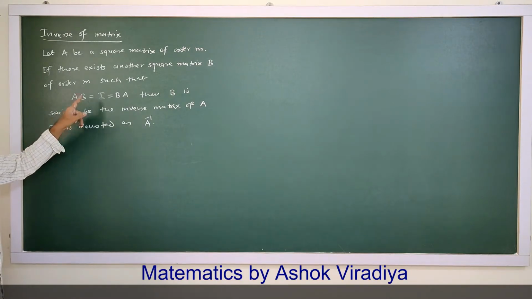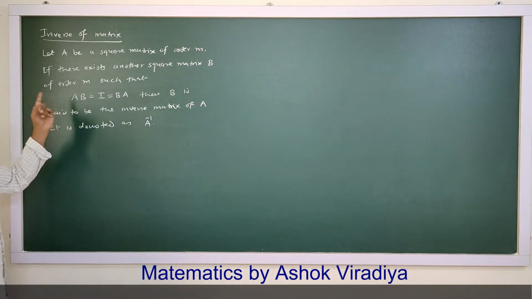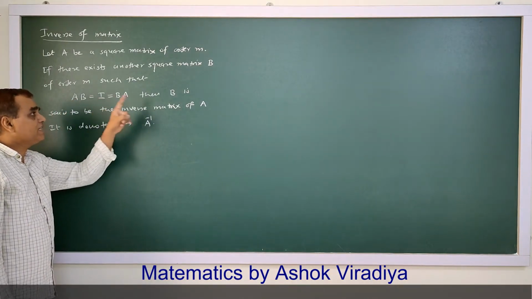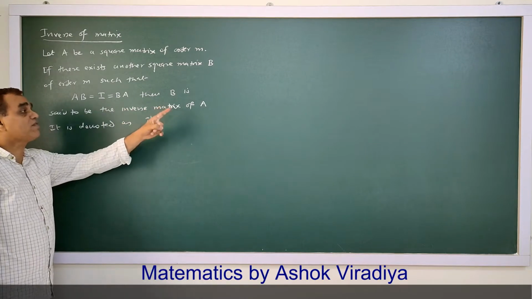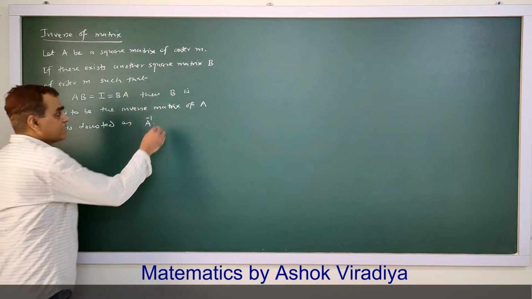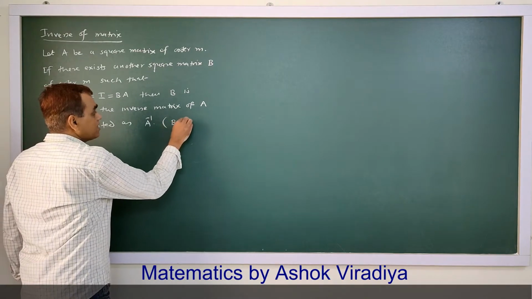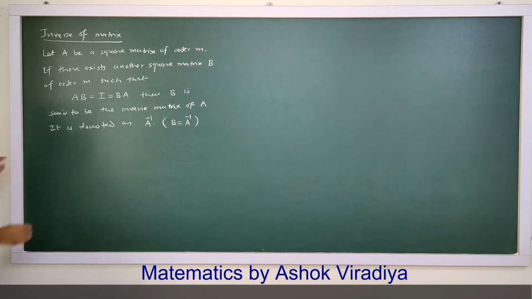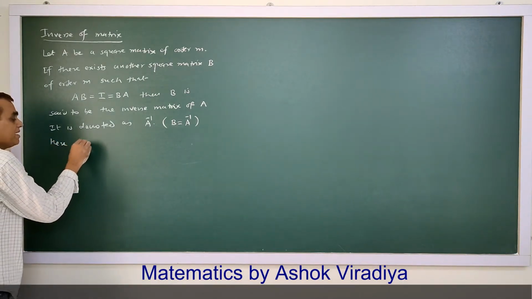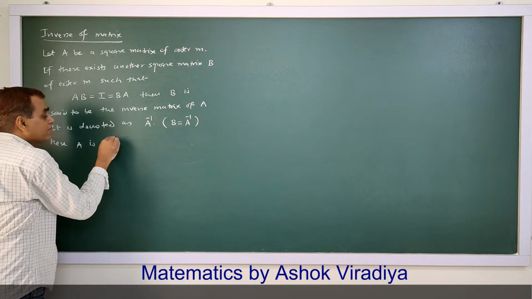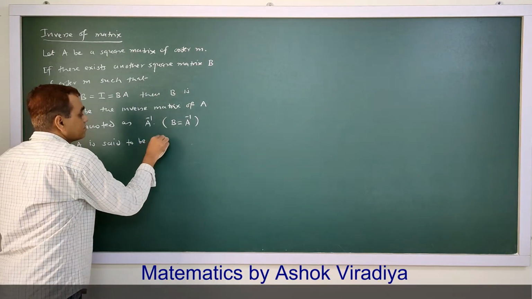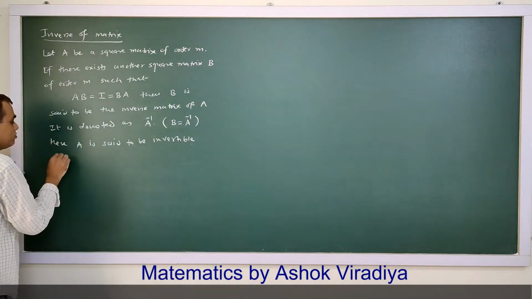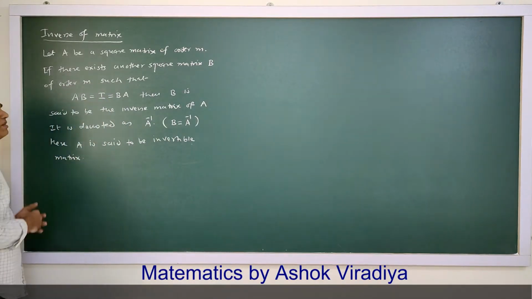If we can find matrix B such that A into B equal to B into A equal to I, then B is said to be the inverse matrix of A. So that is B is A inverse. And matrix A is said to be invertible matrix.